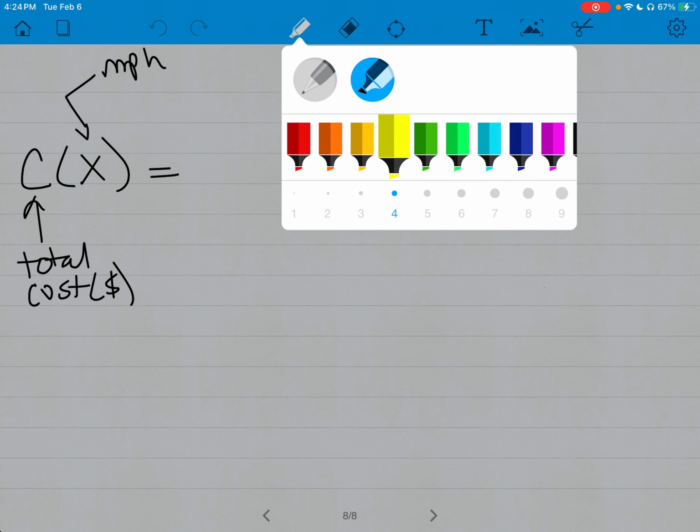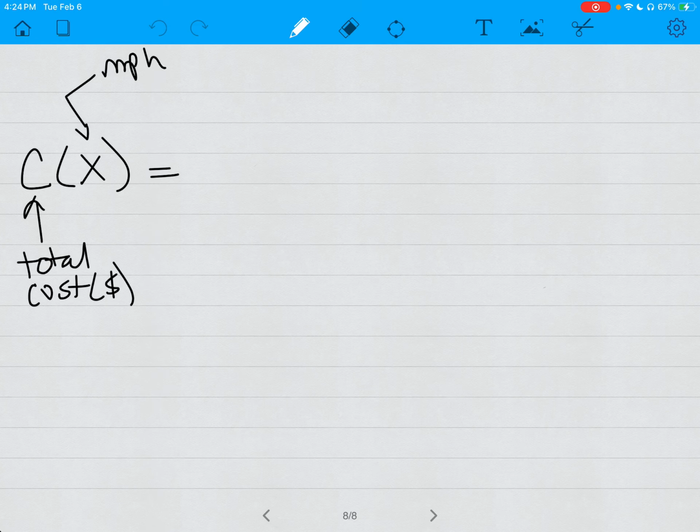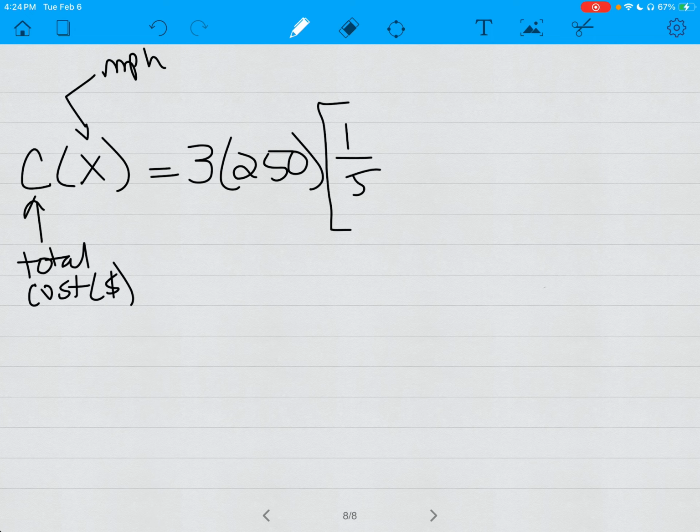So what that's going to ultimately look like, we'll clean this up in a minute, but we're going to have 3 times 250 times our original function that we started with, 1 over 50 times the quantity, 200 over x plus x over 15.